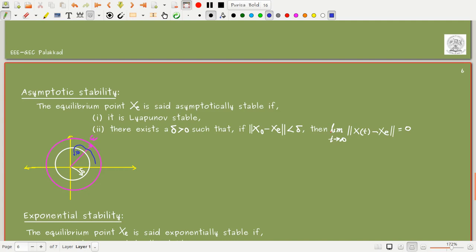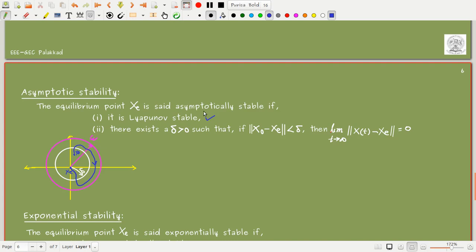So if this is the equilibrium point xc, it does not leave the epsilon ball, that is given by the first condition. And the second condition, what does it say? This trajectory has to somehow reach the equilibrium point. That is about the asymptotic stability of the system.